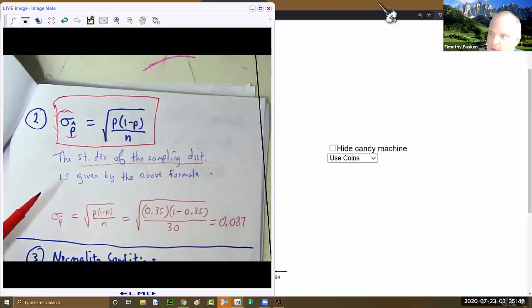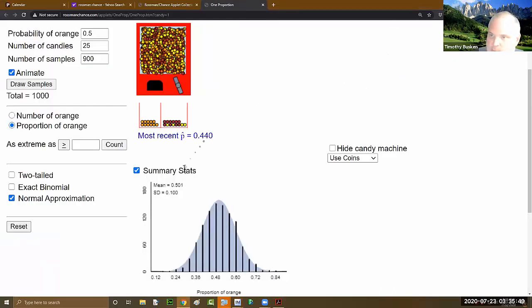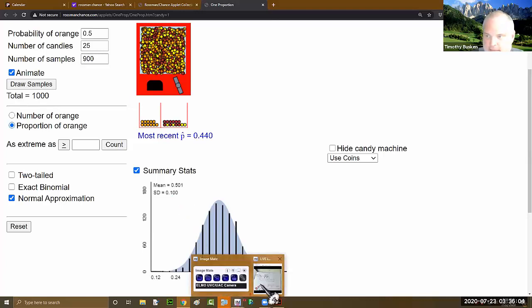If you go back to the example, we have an approximation of the sampling distribution graph here with the 1,000 samples. And we also have an approximation of the standard deviation of that list.